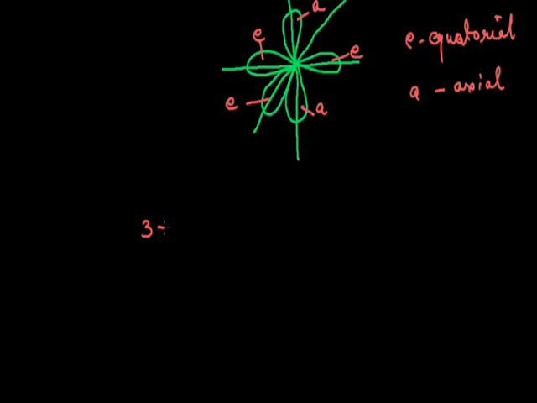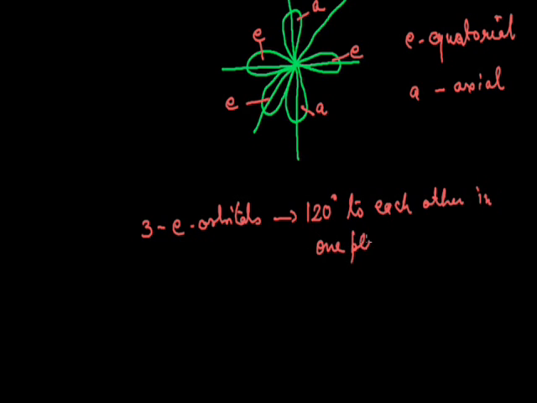The three equatorial orbitals lie at an angle of 120 degrees to each other in one plane, while the two axial orbitals lie perpendicular to the equatorial orbitals.